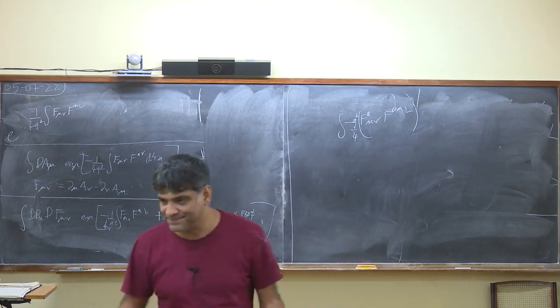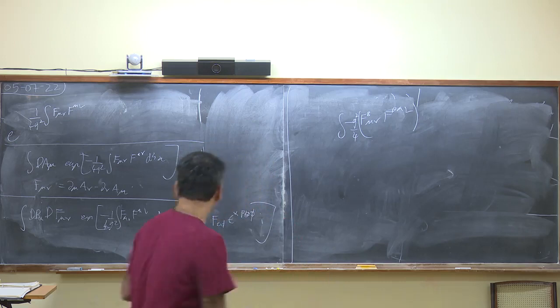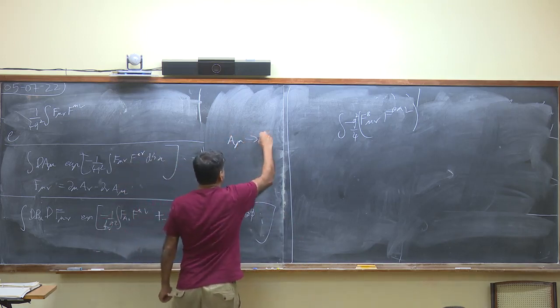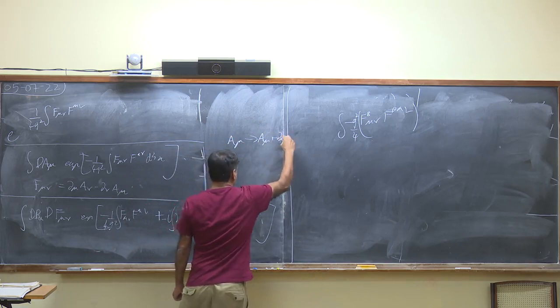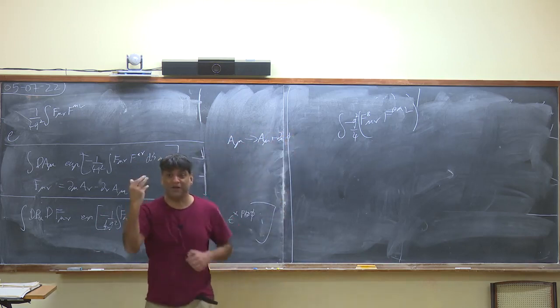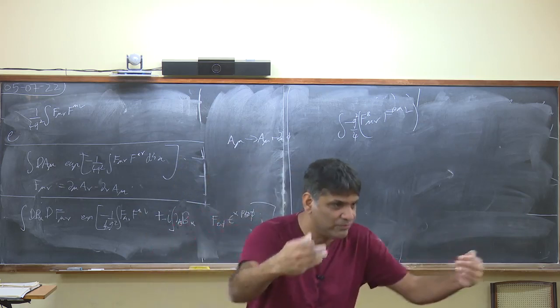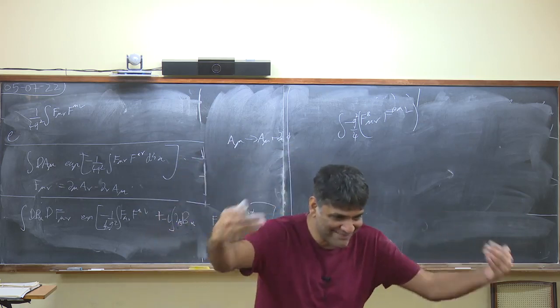Another way of saying it is that we are defining F of this form, where the gauge transformation is A mu goes to A mu plus d mu phi, where phi has periodicity 2 pi. If we rescale A, we will rescale the periodicity of phi.